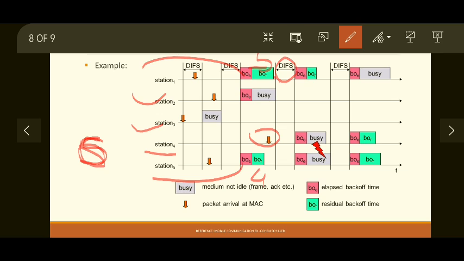So station 4's remaining backoff time is 6, station 1's remaining backoff time is 5 and station 5's remaining backoff time is 4. So 4 will complete first. It will sense that the medium is free. It will start transmission. So the medium becomes busy.